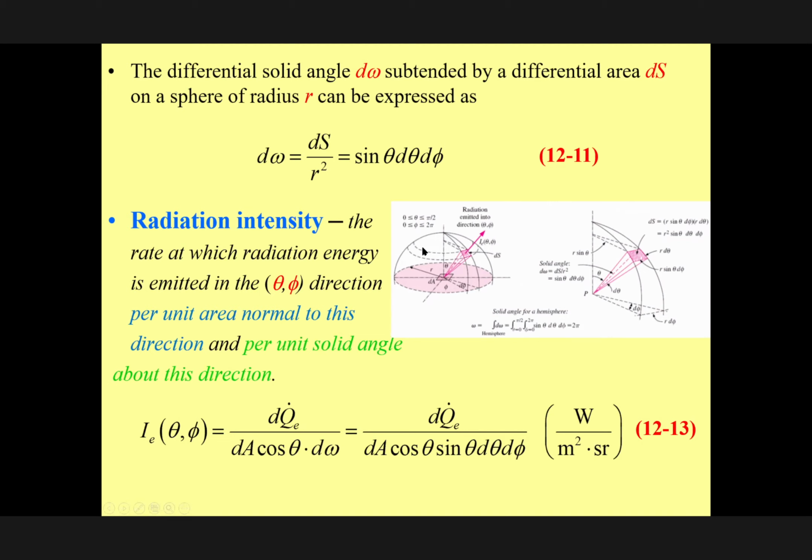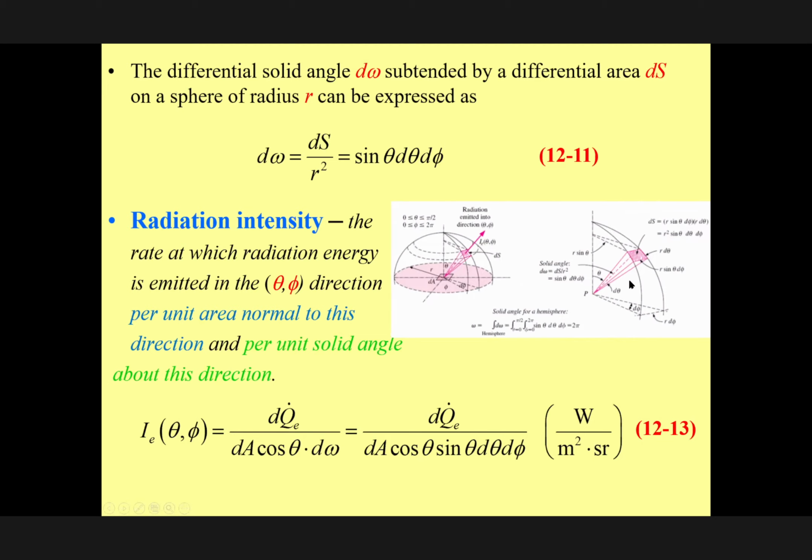There's a differential solid angle, the d omega that we mentioned here. It can be described by this expression. Therefore, here we can represent this one as dS, and it can be defined by knowing those angles that we mentioned.